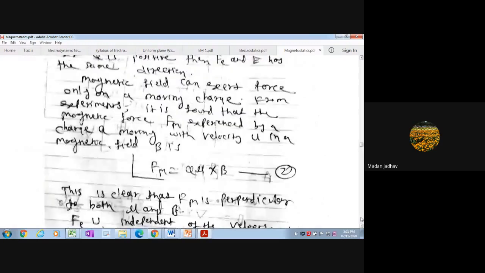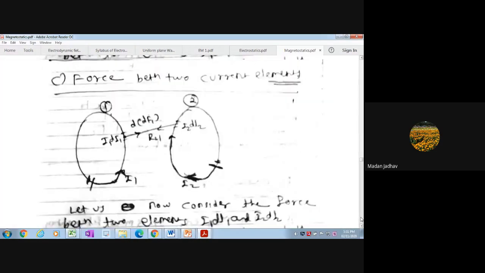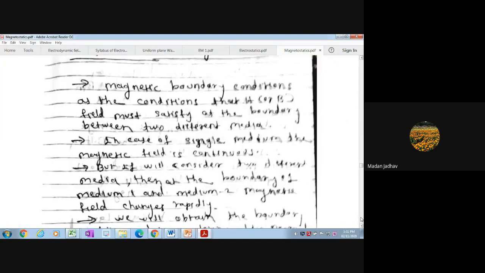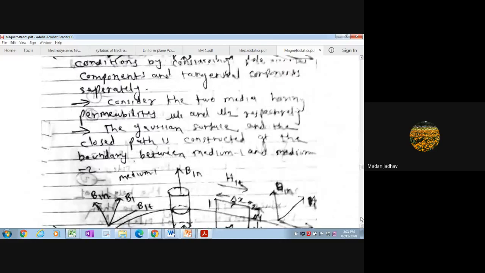Here we will see the tangential component and also the normal component for each one, and what the relation between them is.